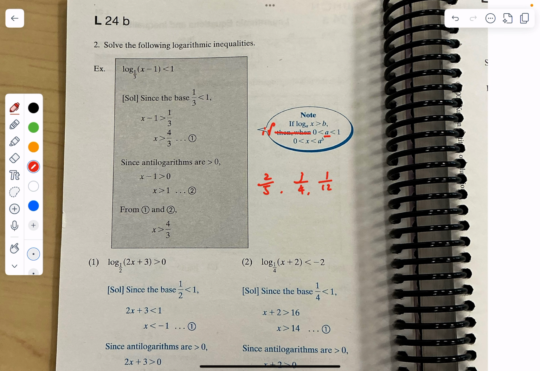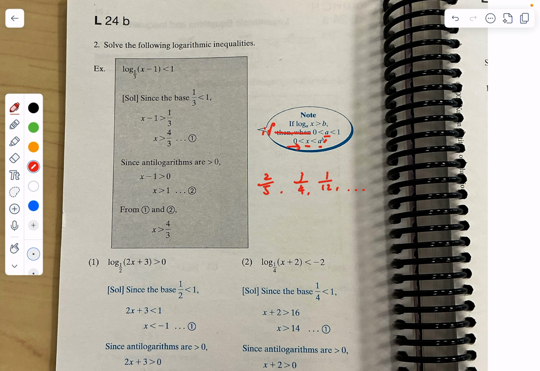Any fraction as long as it's in between 0 and 1, then you will have this attribute to evaluate the inequality, which means that x, your anti-logarithmic, is in between 0 and the base a to the power of the answer b.